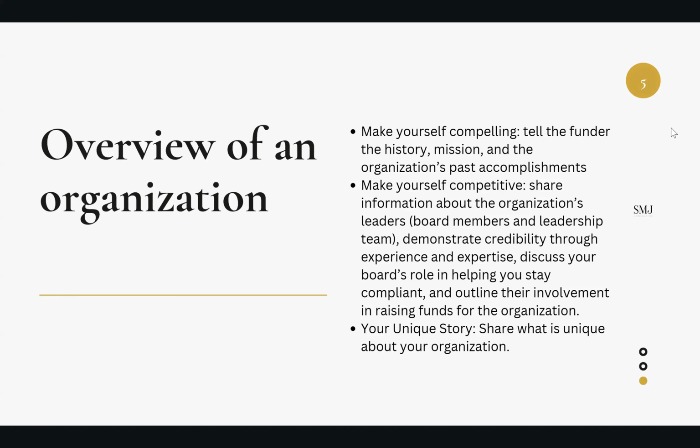All right, so for the first part of a grant application, you will typically get a couple of questions asking about your organization. This section is really your opportunity to tell the funder your history, your mission, and your past accomplishments. You can also use this section to differentiate yourself from other organizations.